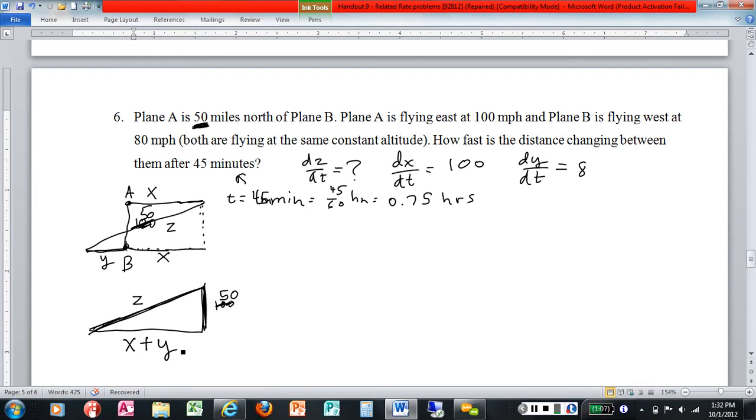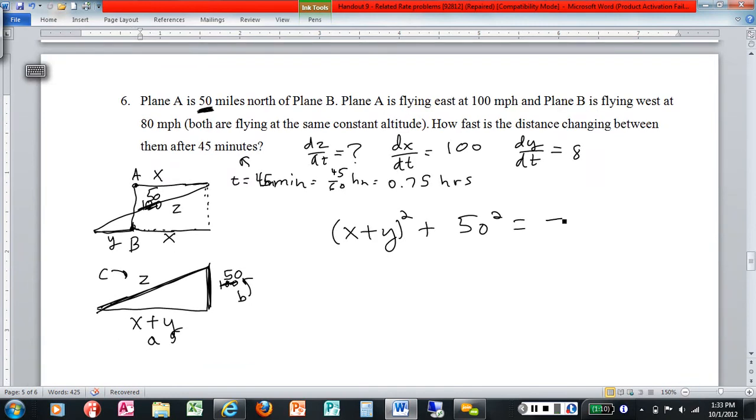It's just a little Pythagorean theorem, right? a squared plus b squared equals c squared. Well, let's say this is the A, this is the B, and this is the C, right? So (x plus y) squared plus 50 squared, b squared, equals c squared, which is z squared. Everybody okay on that equation? (x plus y) squared plus 50 squared equals z squared.